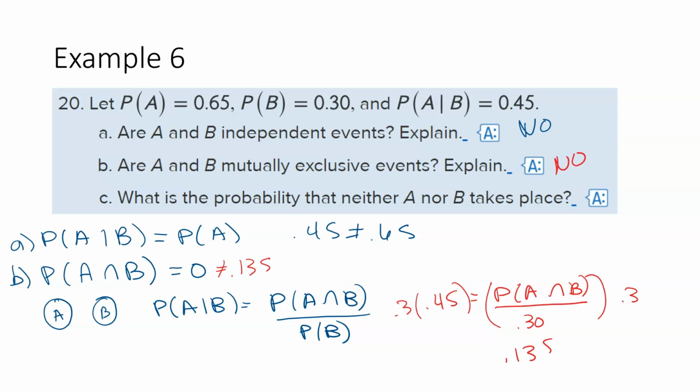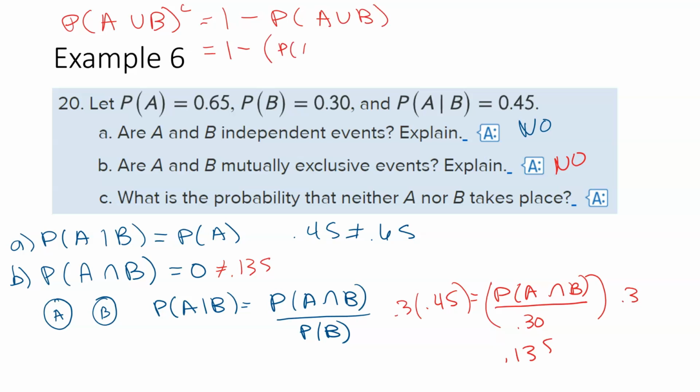So what is the probability that neither A nor B takes place? What they want to know is the probability of not A nor B, the complement, right? So we would say, okay, well, that's the complement of A or B, 1 minus the probability of A or B. So we can figure this out here.